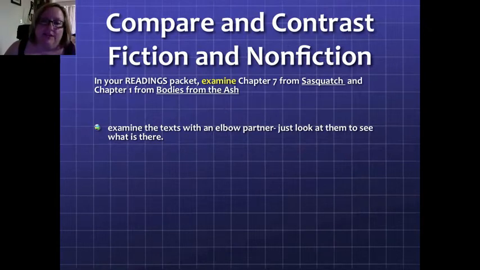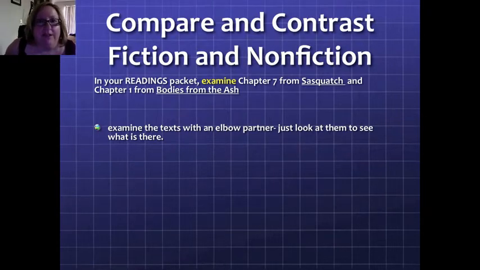So the first thing you're going to do is you're not reading, you're simply looking to see what you notice about the text. So with the people at your table, with an elbow partner, open your reading packet, look at the Sasquatch excerpt, and in the margins or on the sides of the paper, write some of the text structures you see.